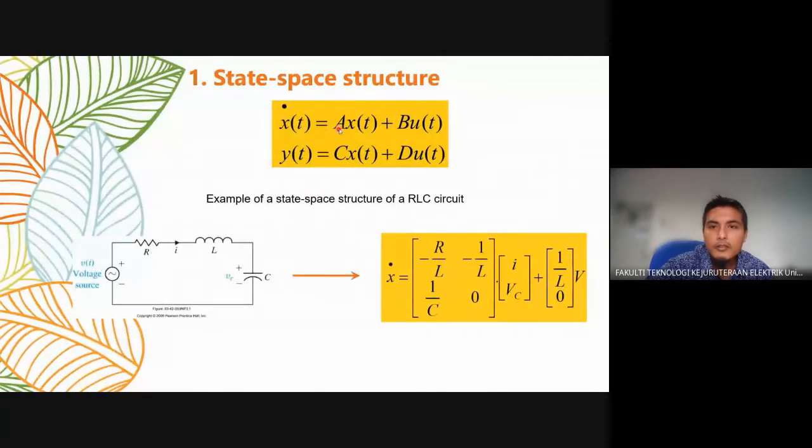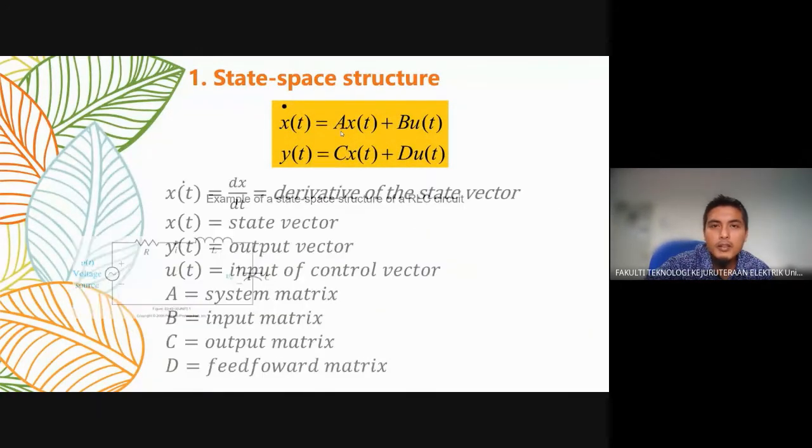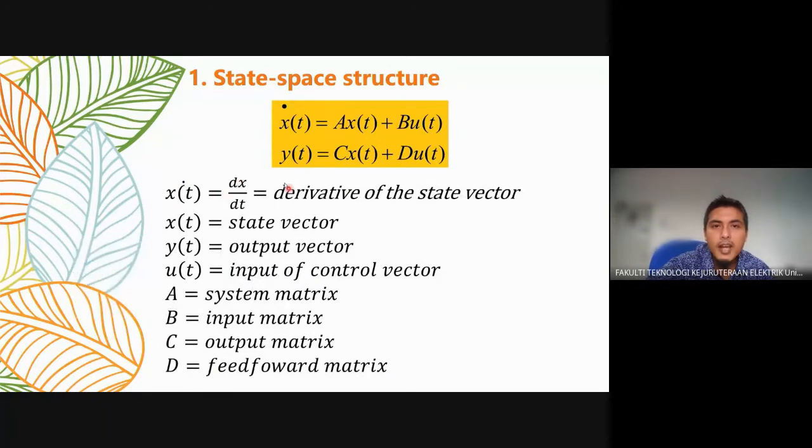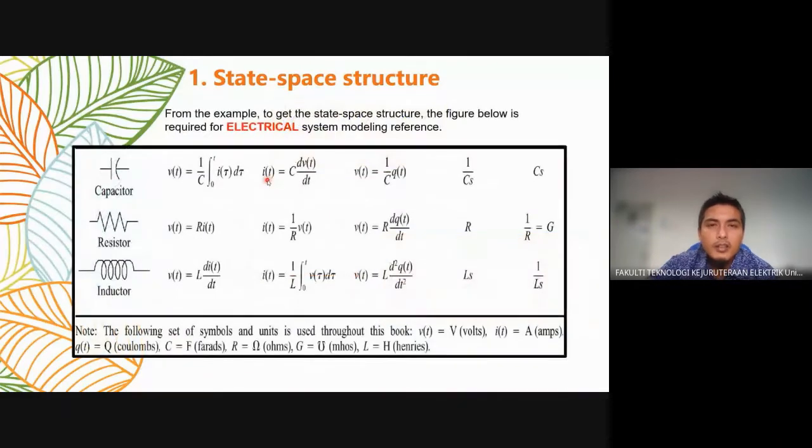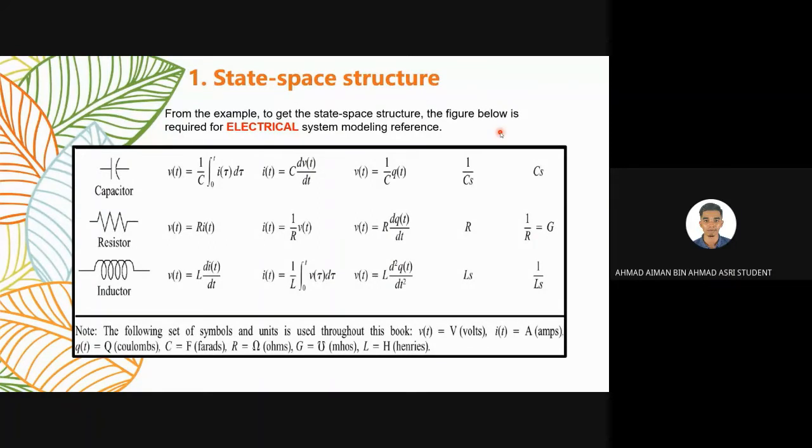X dot. I go to the first part. X dot is the dx over dt. You need to derive a parameter of x in here. Aiman? Yes, Doktor.